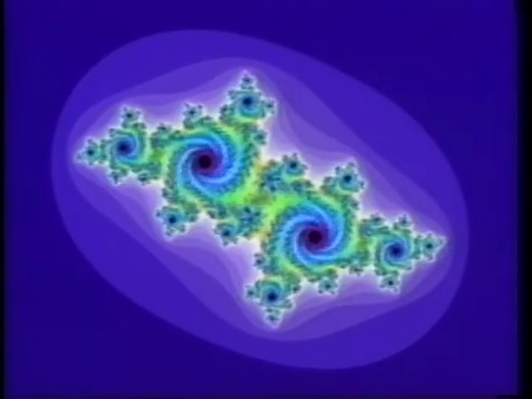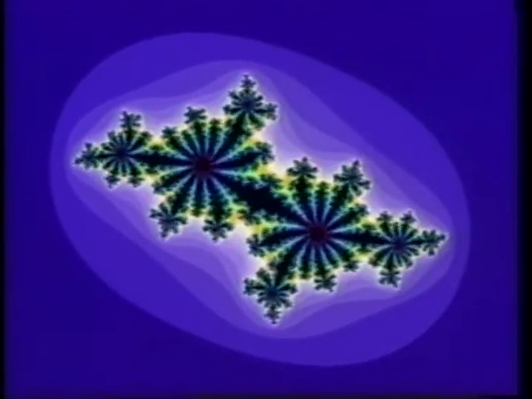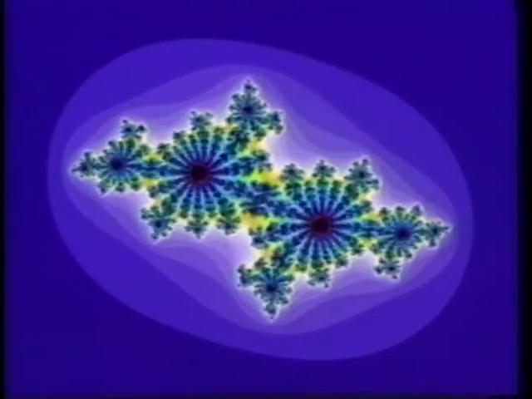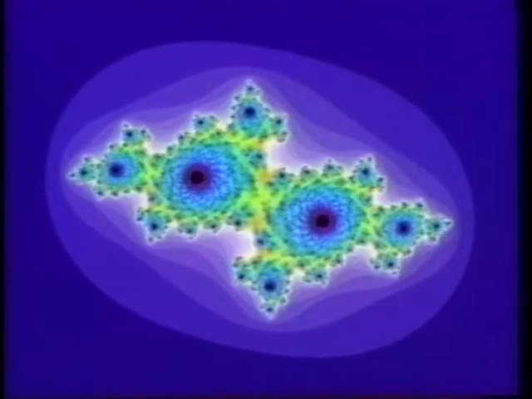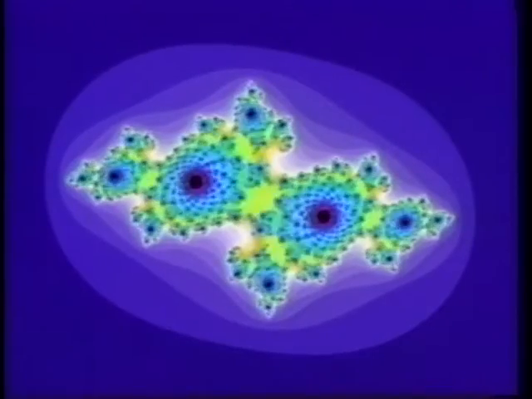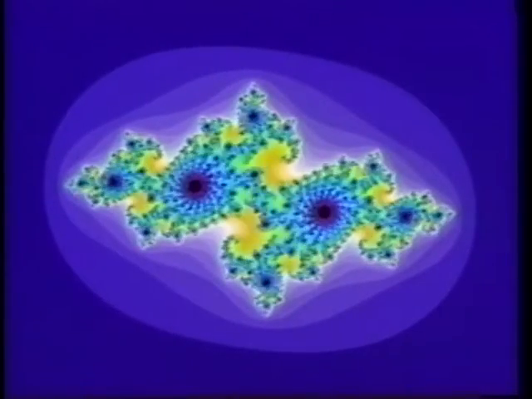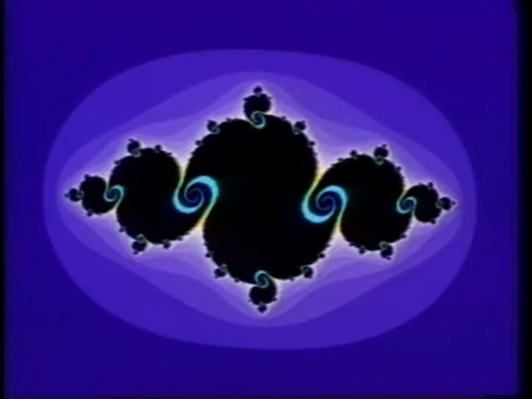There are 5. And soon the pattern is going to become symmetrical and become very closely related to the tower picture. It's coming. There it is.